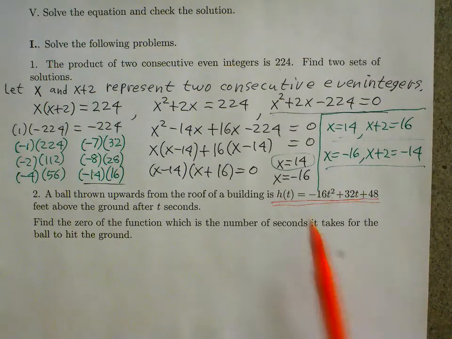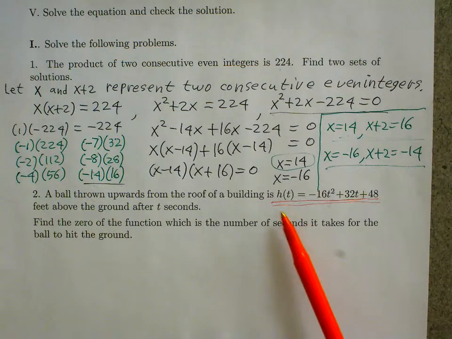Well, this height function for the ball will only work for certain values of t, because in just a few seconds, the ball is going to hit the ground, and then the function is of no use after that.